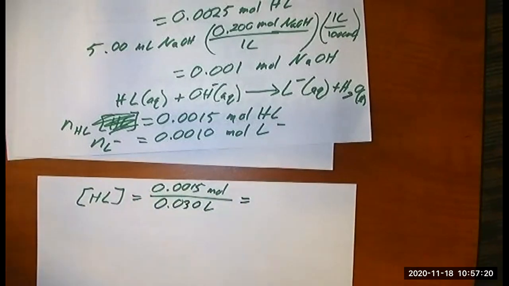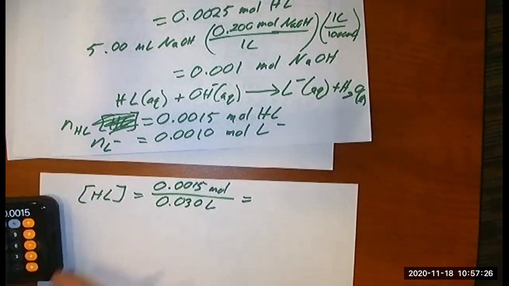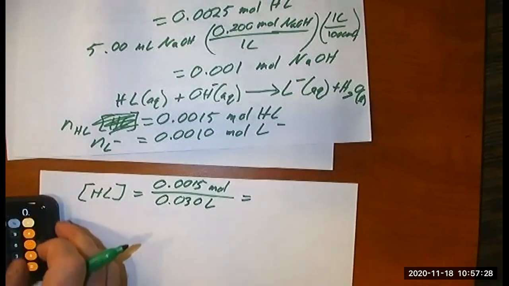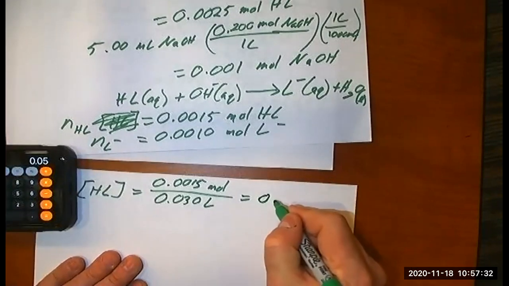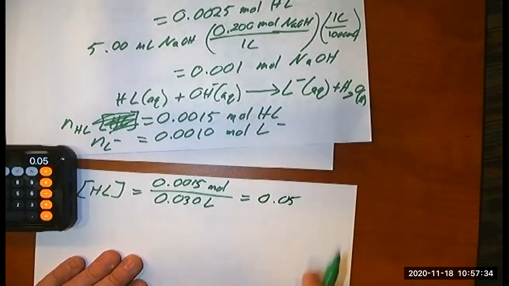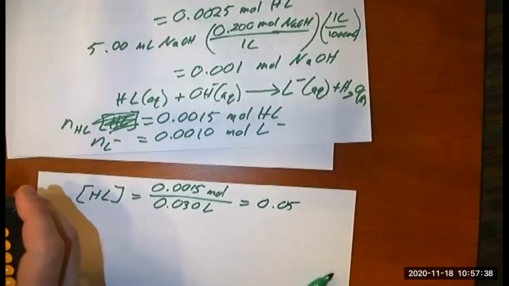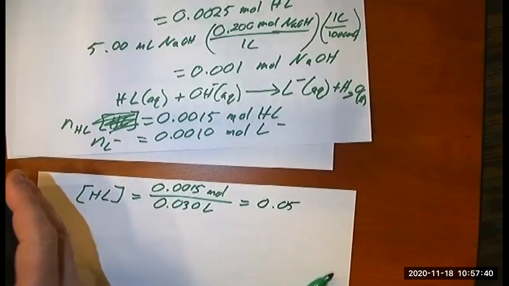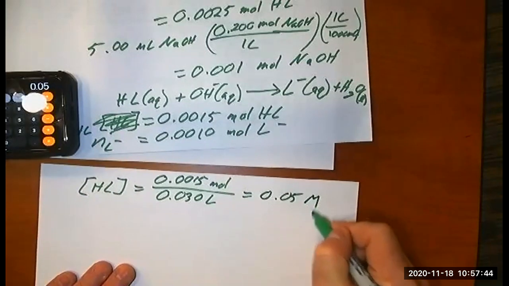And we find that our HL concentration at this point is 0.0015 divided by 0.03, or 0.05. Did I do that right? That doesn't sound right. 0.0015 divided by 0.03. Nope, that's right. So 0.05 molar.